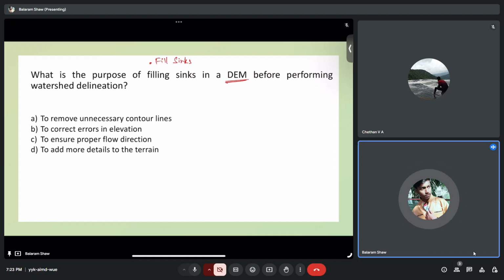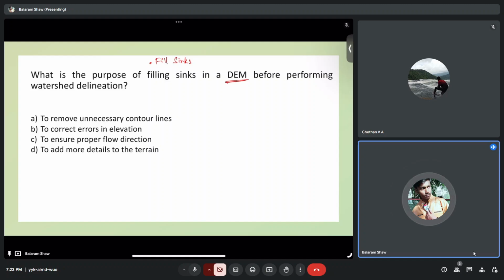Maybe around 1980 we started getting this data. Before that, how did people do the delineation? People used topographic sheets, or topo sheets as we call them, and based on the elevations in the topo sheets, we used to delineate a watershed.